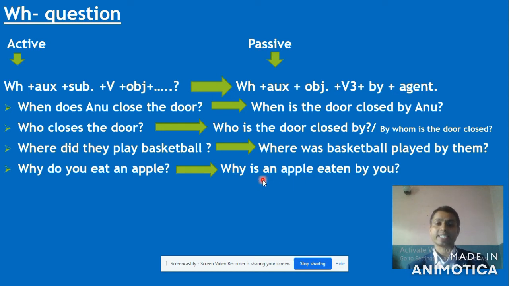Why is an apple? Then verb 3, "eat" becomes what? Eaten, the past participle from the verb, from the structure we brought it here. An apple eaten by you. Okay, this "you" becomes here what? By you, right?